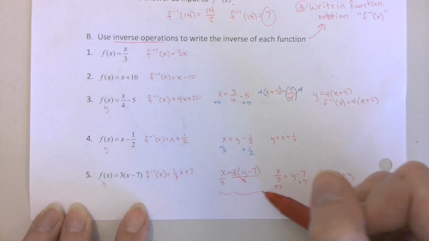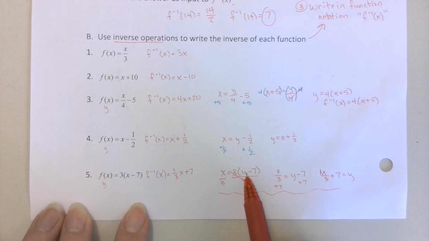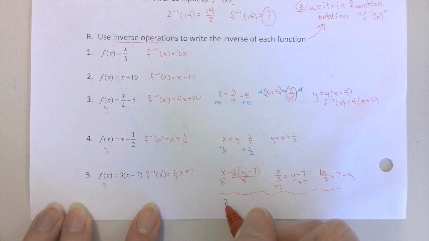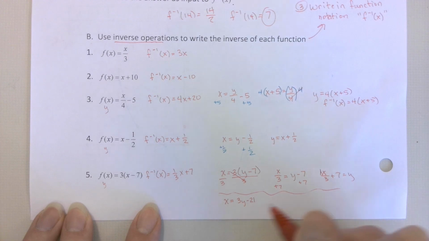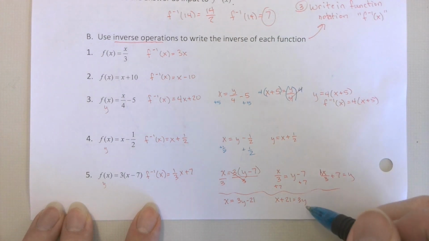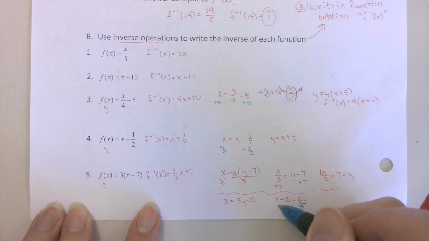Now, another way to do this, I prefer not to distribute the 3. I divided it out, but a lot of students will distribute the 3. So you'll have x equals 3y minus 21. If I do that, I'm going to add the 21, so I get x plus 21 equals 3y. Then I'm going to divide everything by 3, so I'd have everything over here divided by 3.